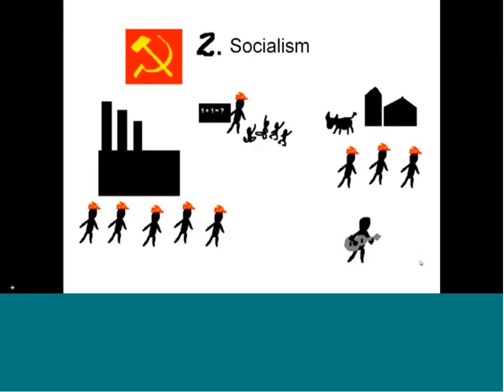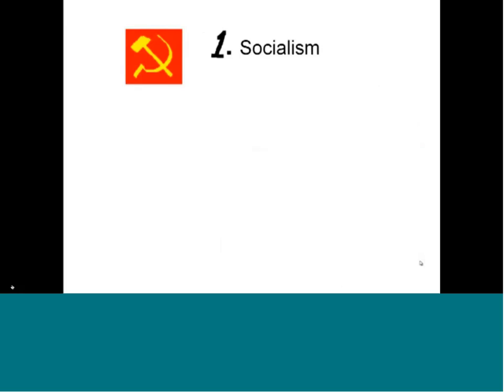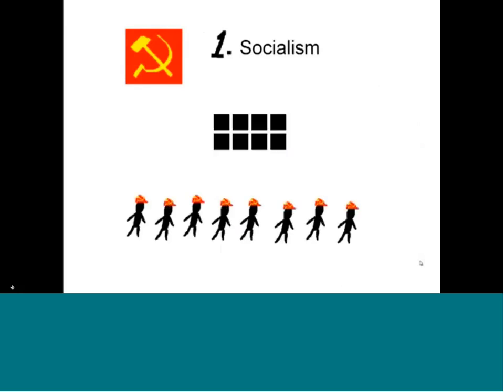An employee gets hired to be a teacher. A certain number of people get hired to work on the farm. One individual decides they don't want to do that. They've got a musical talent, and they choose to use that talent to earn a living. So what happens in socialism is the members of society get an equal share of what society produced.